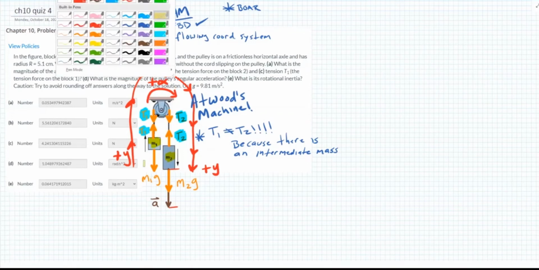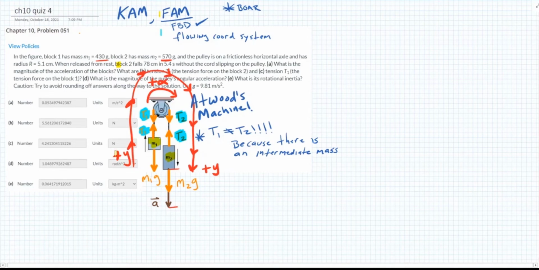Not quite done with that, but hopefully all that makes sense. Hopefully I'm being coherent when I'm specifying this as the positive y direction for M1. I'm specifying this as the positive y direction for M2, and I'm specifying this as the positive direction for alpha, which in this case is breaking the convention. Note, plus alpha is clockwise.